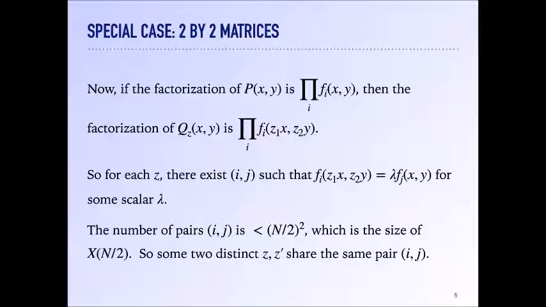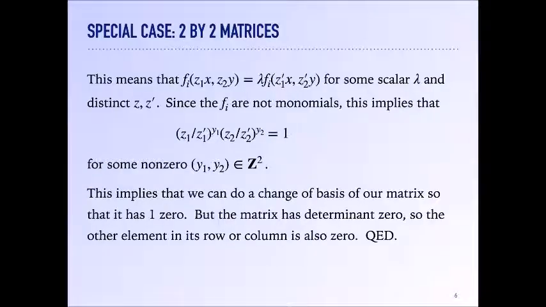And what that means, you can see easily, is that f_i of z1x, z2y has to be a scalar times the same f_i of z1 prime x, z2 prime y, for some scalar lambda and distinct z and z prime.